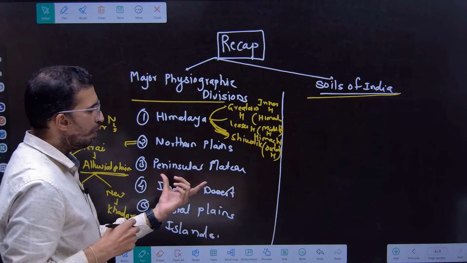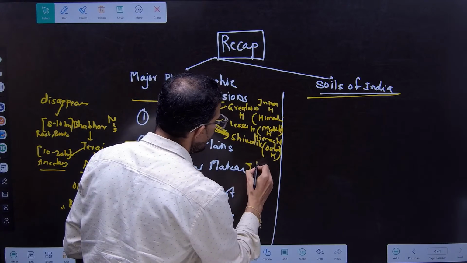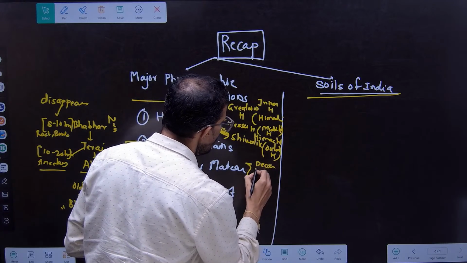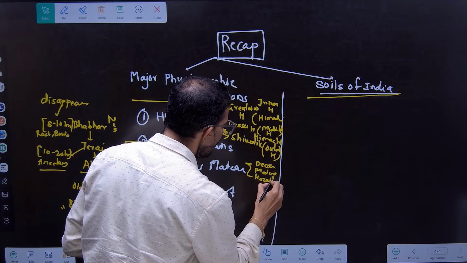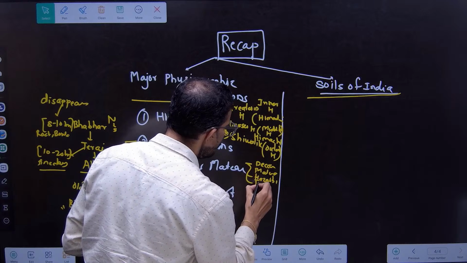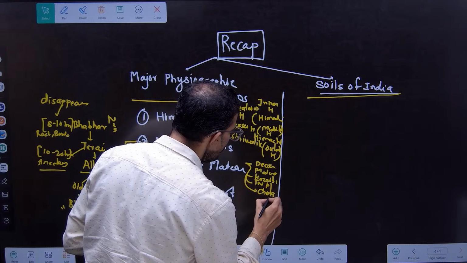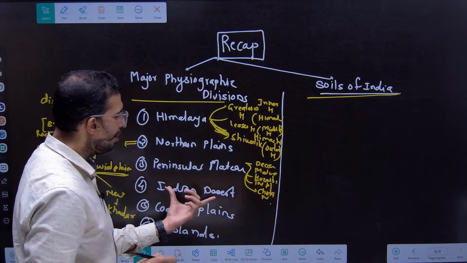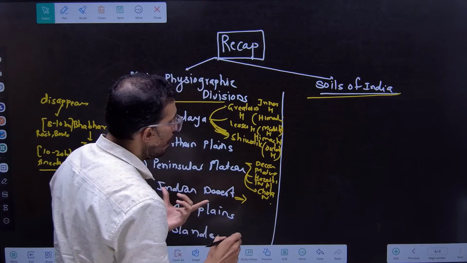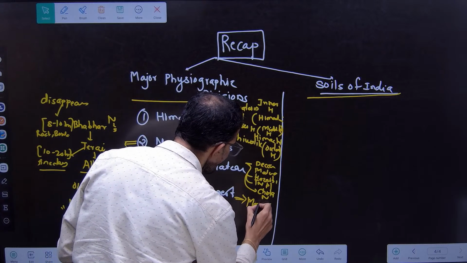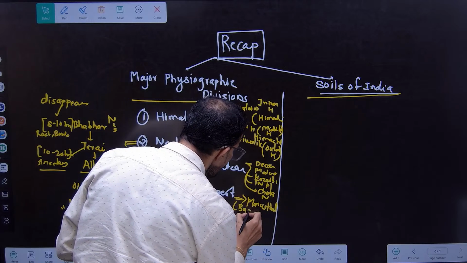In Peninsular Plateau, what we have seen, Peninsular Plateau is made up of which ones? The Deccan Plateau, Malwa Plateau, Hazaribagh Plateau, then Telangana Plateau, then the most important, Chota Nagpur Plateau. In Indian desert, we have seen the Thar Desert or the Marusthali or the Bagar Plains.